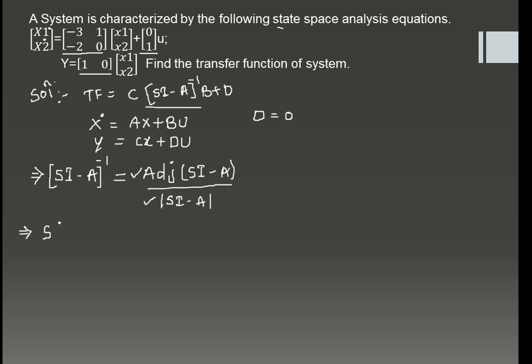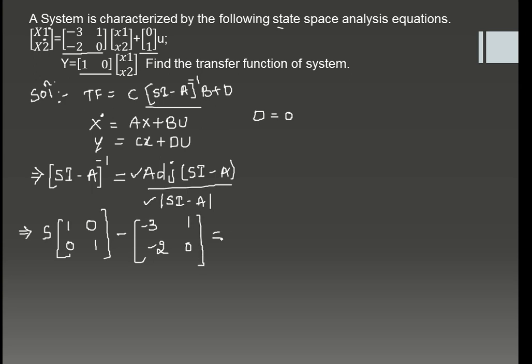So here the identity matrix is [1 0; 0 1]. SI minus A, where A is [-3 1; -2 0].